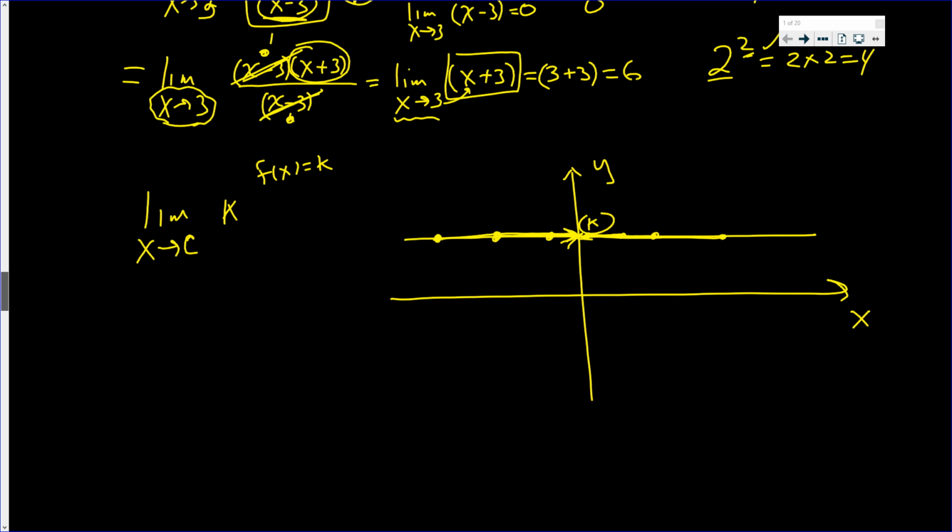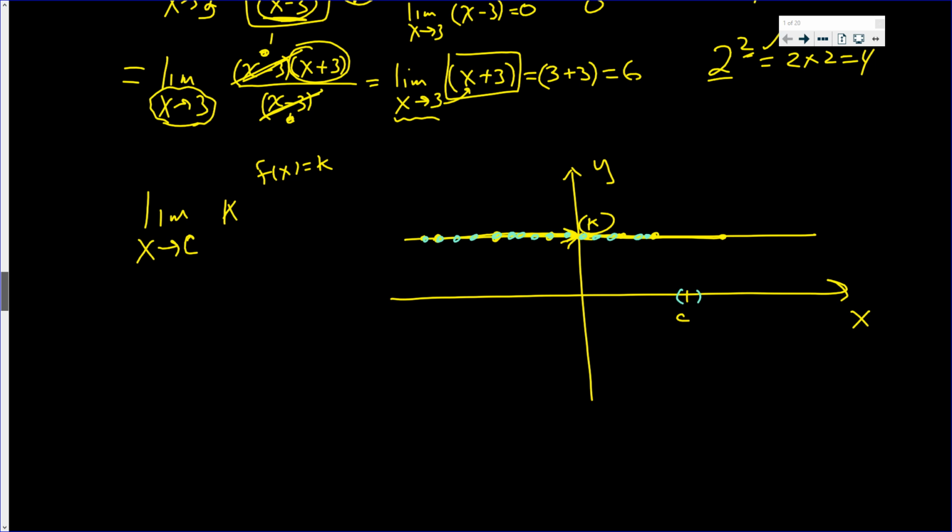Now, if this is c, I'm going to travel along this line, and I'm going to get really close to c, just a little bit less than c. Right there, the y value is k.